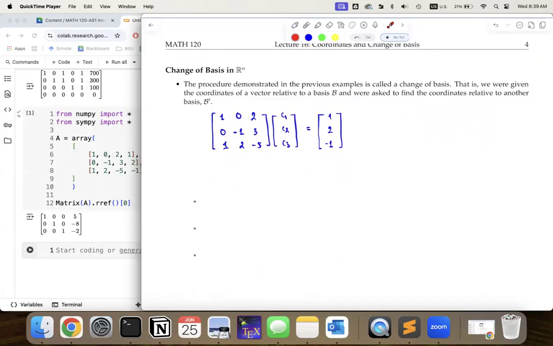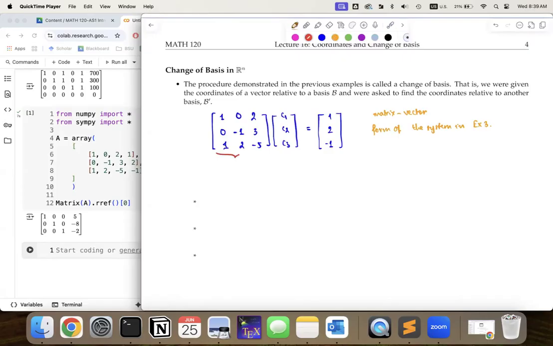Okay. So let me note quickly that this is the matrix-vector form of the system in example 3. All right. Again, there's another name for this, so bear with me here.